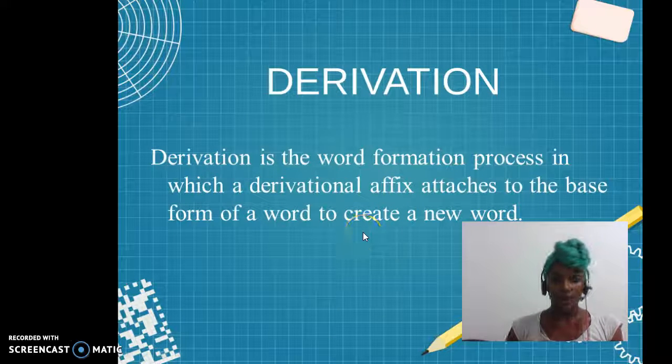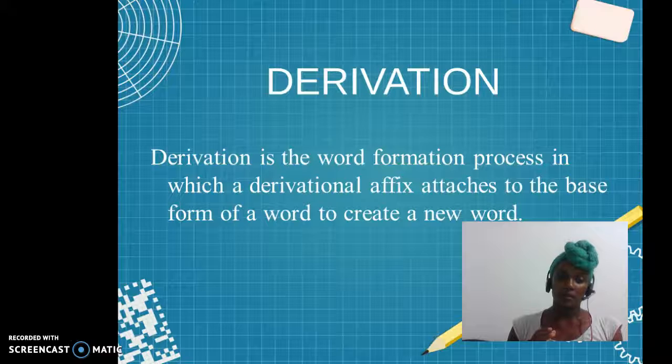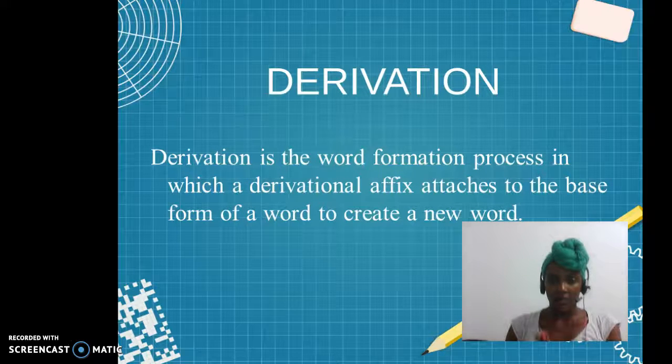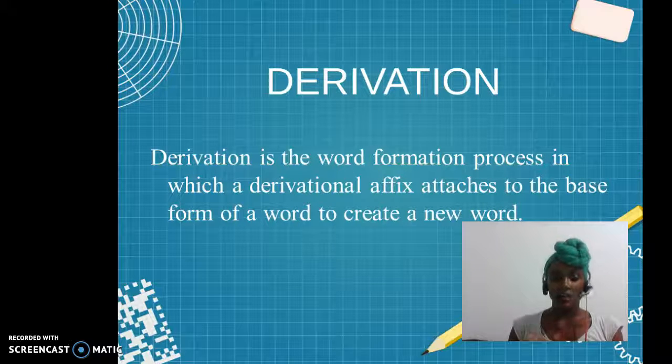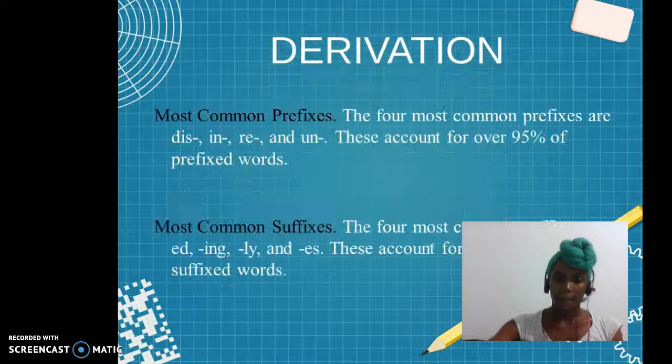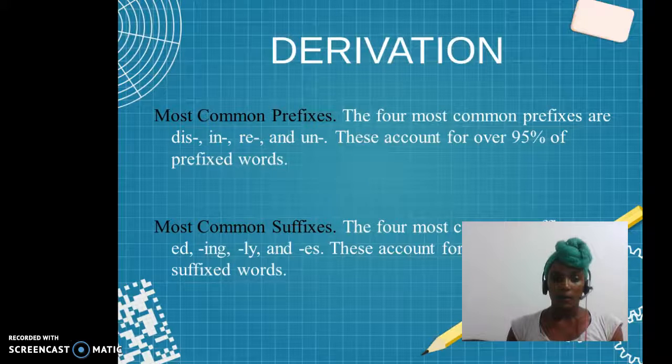Derivation, then, is the word formation process in which a derivational affix is attached to the base form of a word to create a new word. You can see the four most common prefixes.